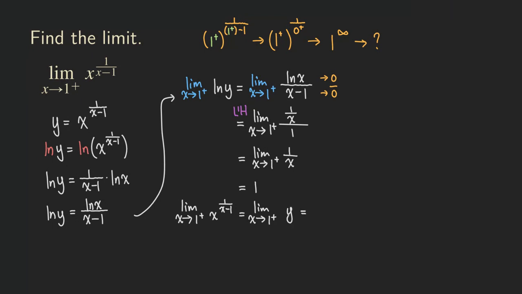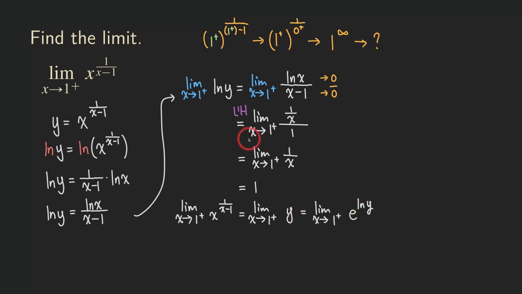And then we can write this y as e to the ln of y. You're really just putting the ln function into the exponential function, and so that composition of the two functions will actually just give you the y back.